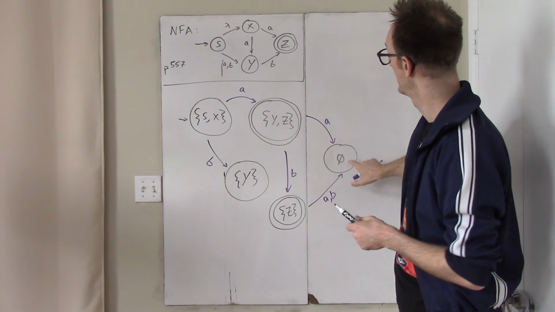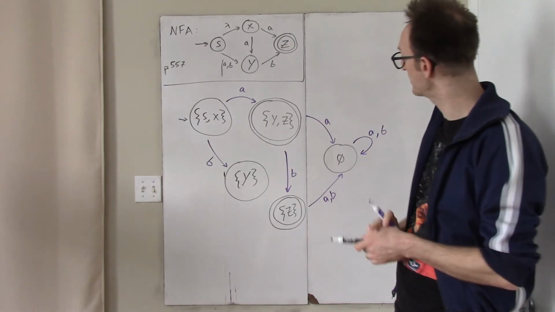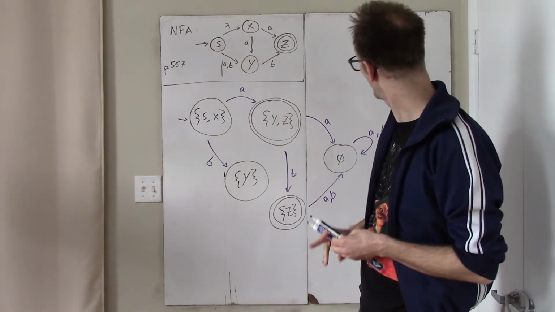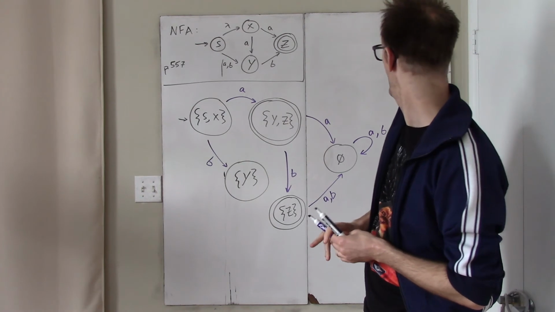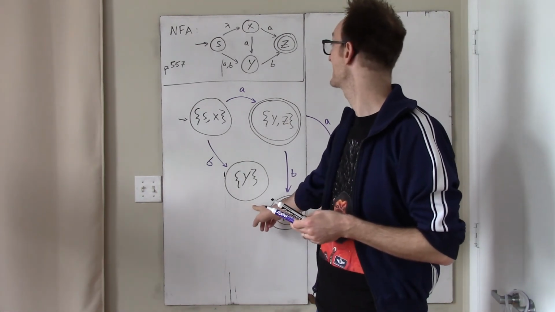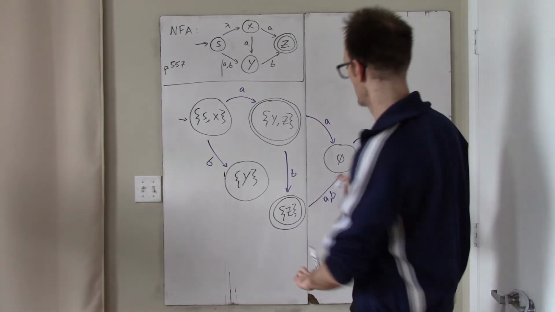So we go to here, and of course in here we just stay dead forever. Okay, I think there's one open path left, which is here. What do I do if I'm in just Y and I read an A? Oh, nothing. I go to the black hole state.